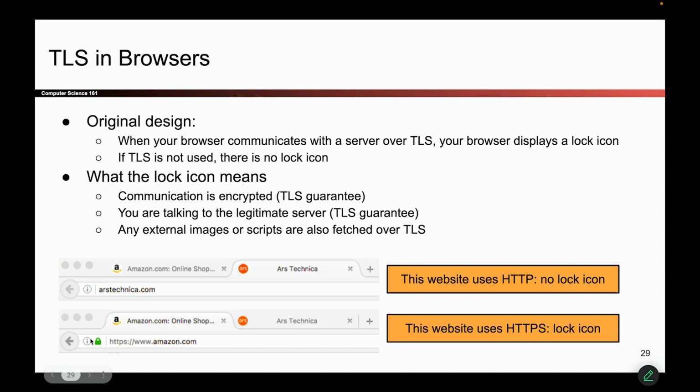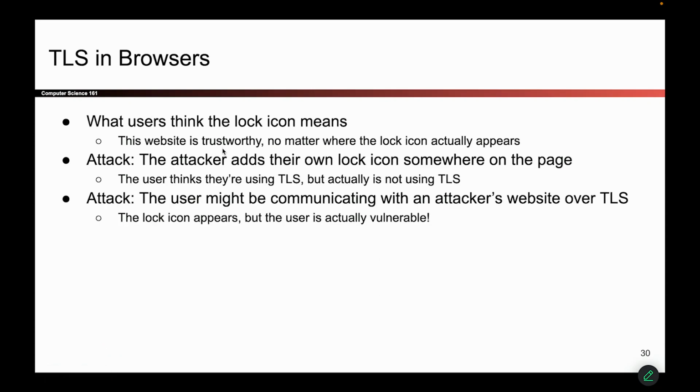So we have to be careful with this lock icon. If we don't contextualize it properly, it could trick users into thinking that their connection is secure, even though it's not. The lock icon does mean that your messages are encrypted using TLS. But users might be fooled into thinking the website must be trustworthy because I see the lock, therefore I can celebrate and start typing in all of my most precious secrets.